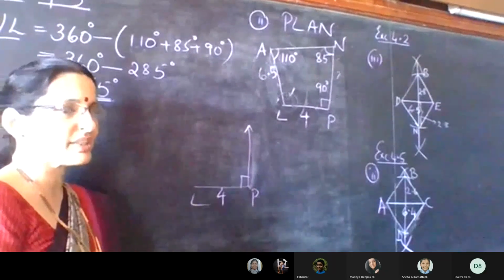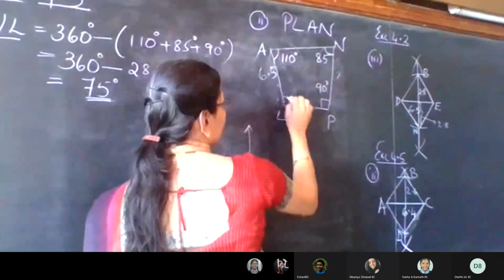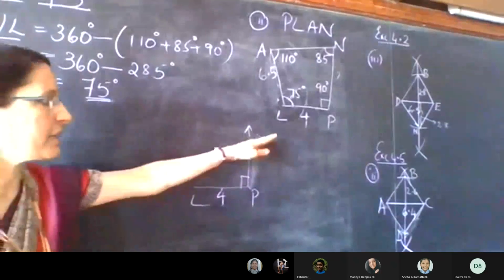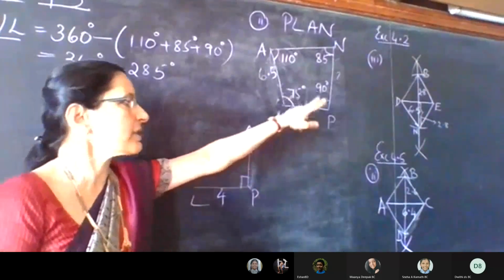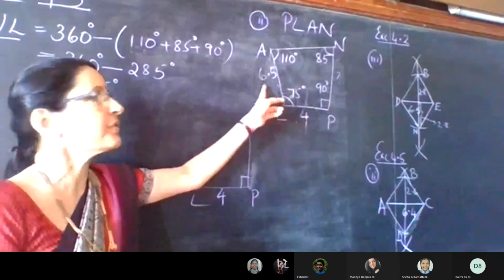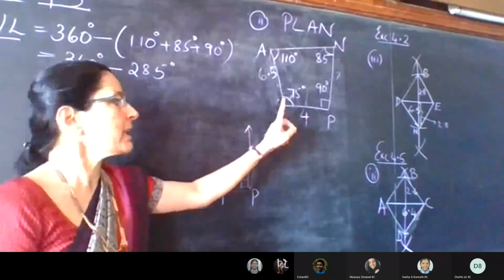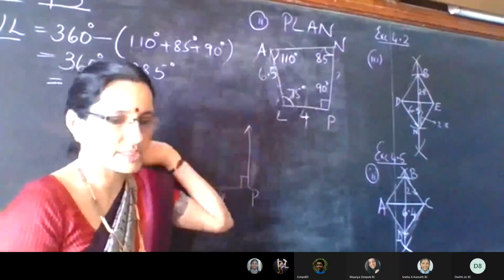I have to construct 75. No protractor. So 75 should be written here. Either I can start with 4 and draw 75 and 90 at the ends, or I can start with 6.5 and draw 110 and 75 at the ends. But I will prefer like this only. Let us see how to construct 75 and 90 and then proceed.